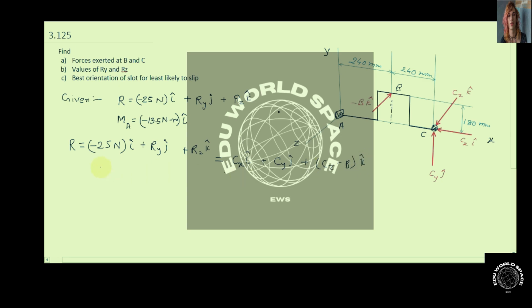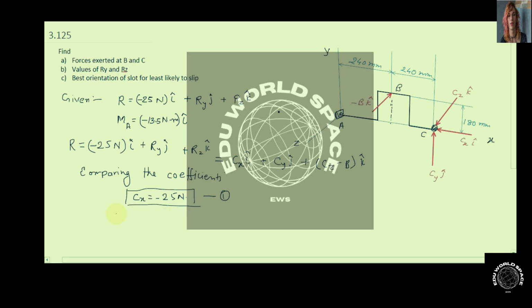Now comparing the coefficients, Cx comes out to be minus 25 Newton. Let's say this is our first equation, where we have got the value of Cx.